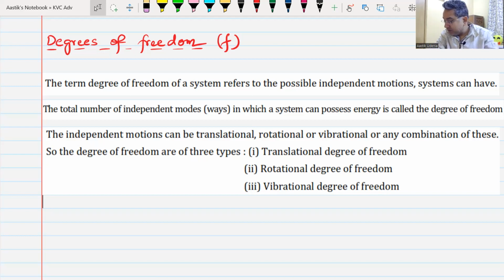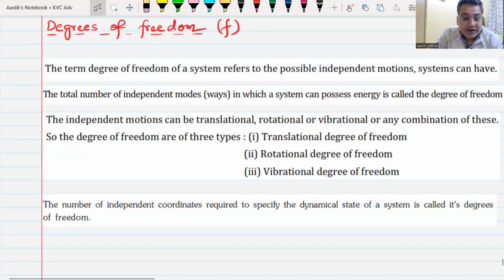You can also understand it in a different way: the number of independent coordinates that are required to specify the state of a system. Degrees of freedom. I'll give you a minute to note it down. Since we have understood what degrees of freedom are, you can take simple examples.